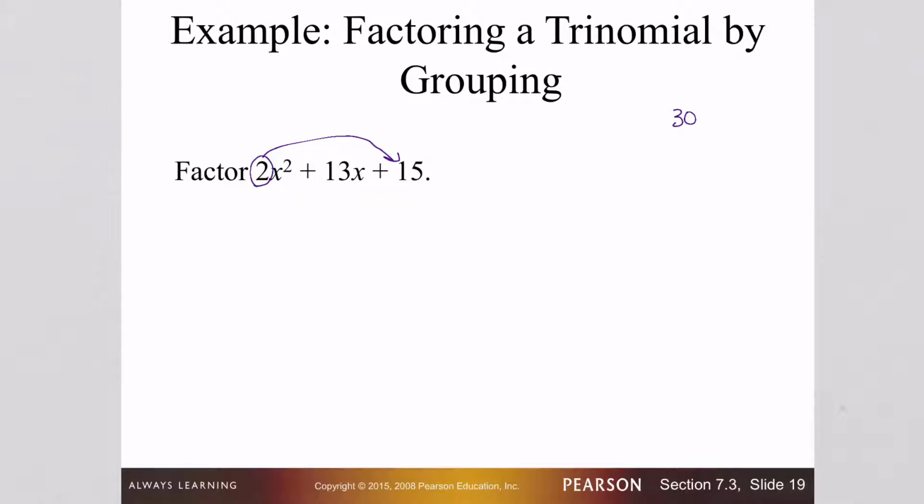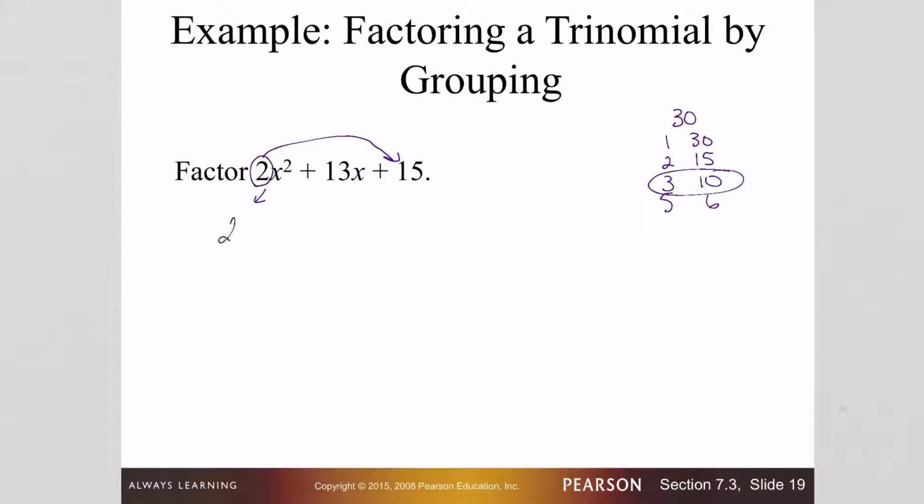So multiplying to be a positive plus they're adding up to be a positive, I know that I don't need my negatives now because they're not going to add up to be a negative number. So I'm just going to write down the positive pairs. Which one of these adds up to be 13? There's only one set that adds up to be 13, and that's that right there.